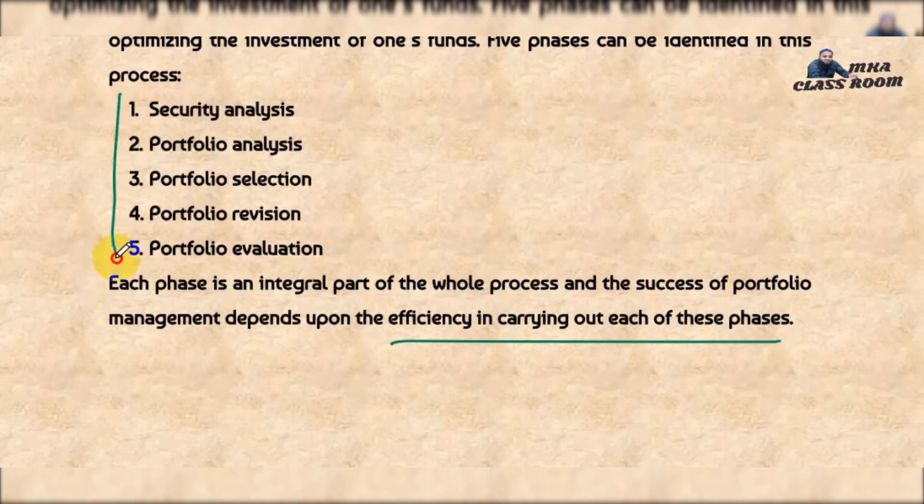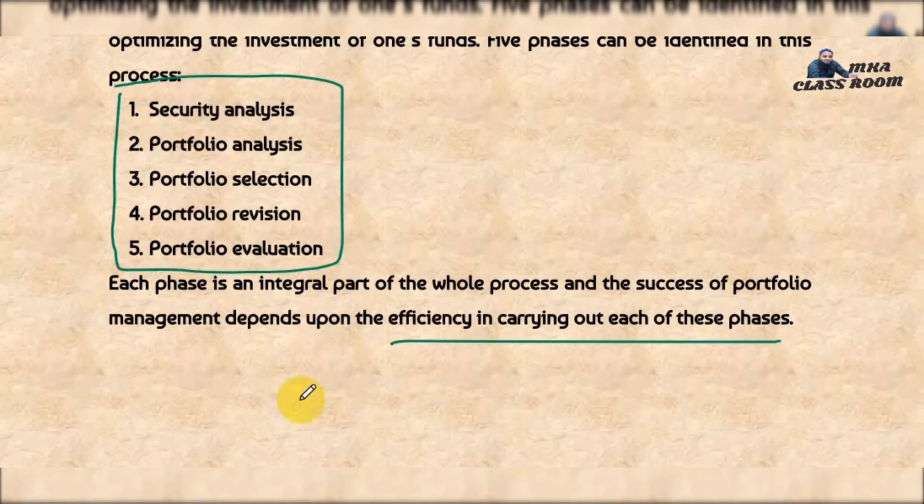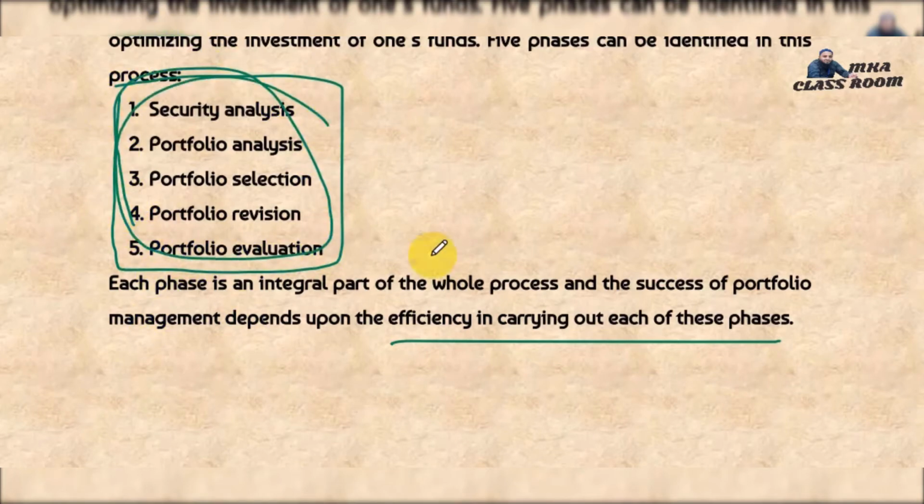So if these 5 phases are carried out very well, then the total portfolio management is very good. The efficiency of a portfolio depends on these 5 phases: security analysis, portfolio analysis, portfolio selection, portfolio revision, and portfolio evaluation. Now we will discuss these steps or phases one by one.